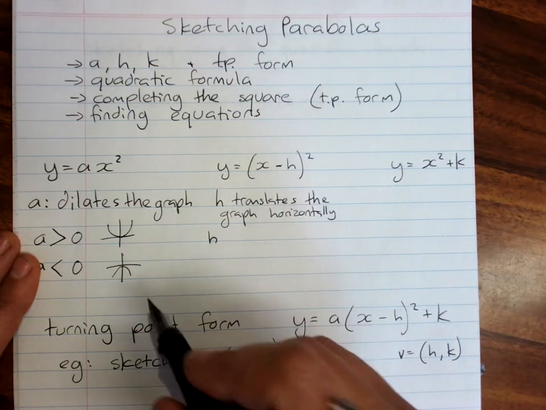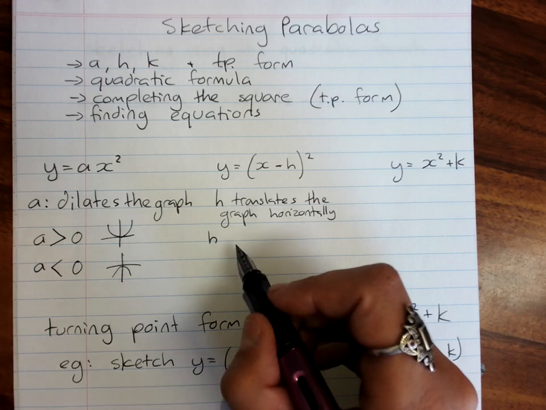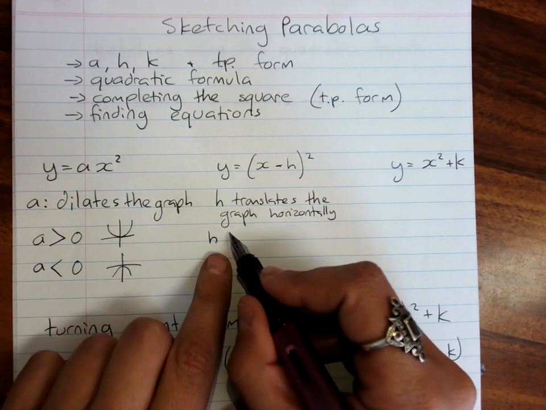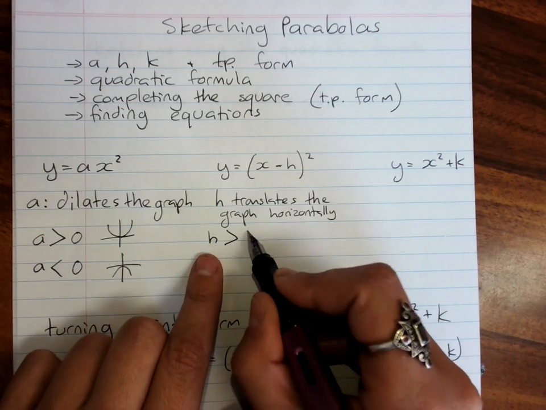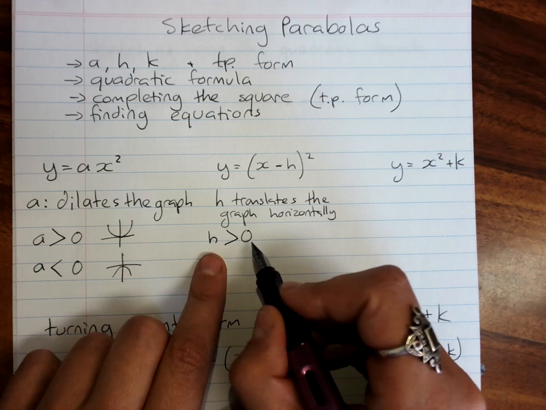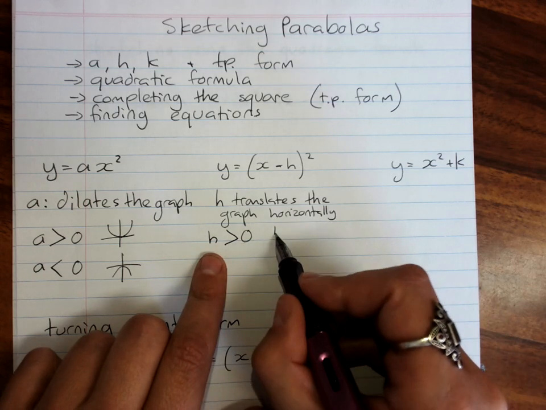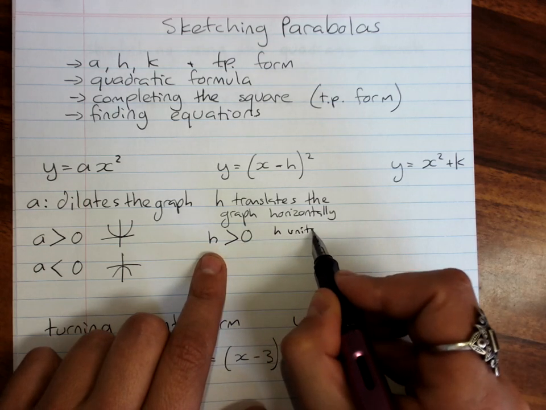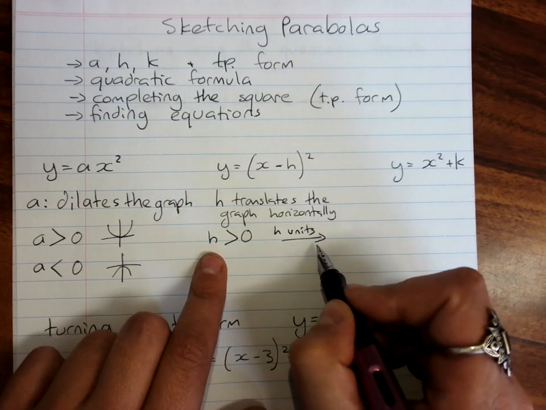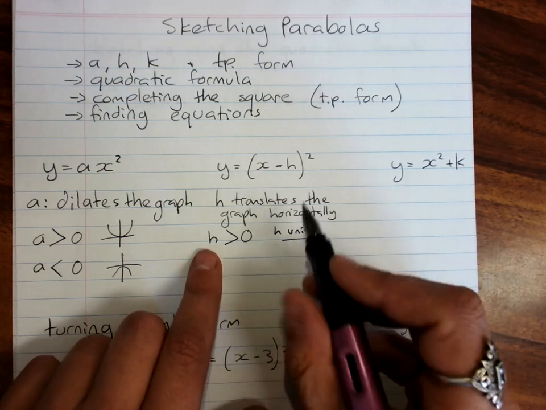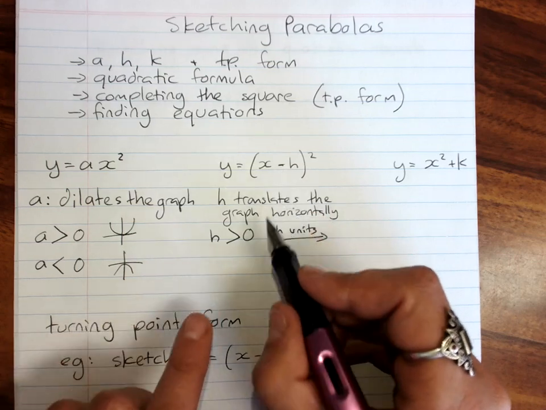If h is negative, we'll start with positive. If h is positive, so h is greater than 0, then we move h units to the right in a positive direction. But if h is positive, we're going to see a minus there.